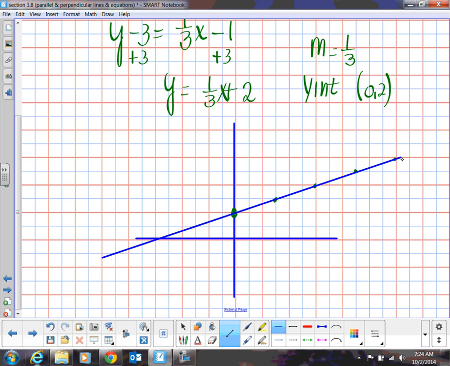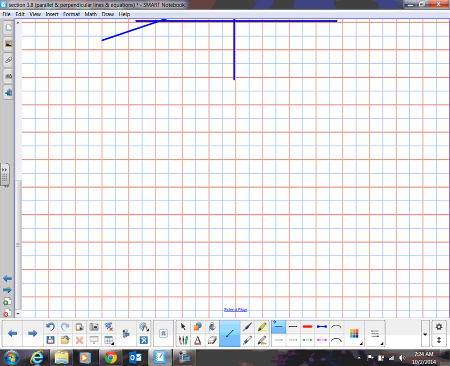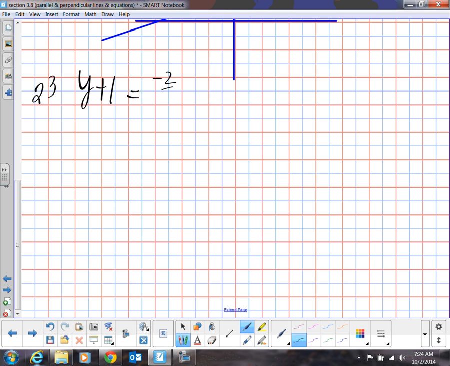Okay, 23 was similar in the fact that it was not in the form that we needed. 23 said y plus 1 is equal to negative 2/3 times x plus 4. So this is a nasty one. So we're going to say y plus 1 is equal to negative 2/3 x, that's 4 over 1, and that's going to be minus 8/3.